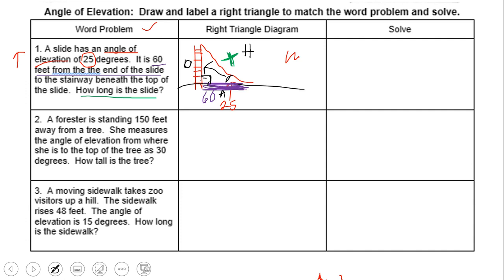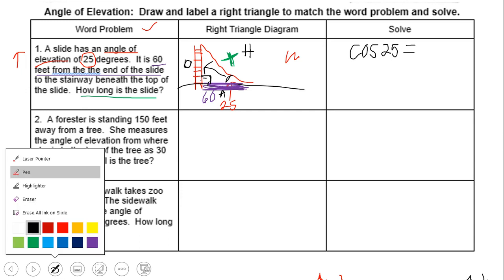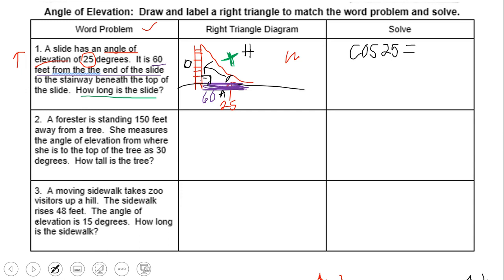So I'm going to set up my cosine problem. Cosine of my angle, which is 25 degrees, is equal to A over H, which is 60 over x.